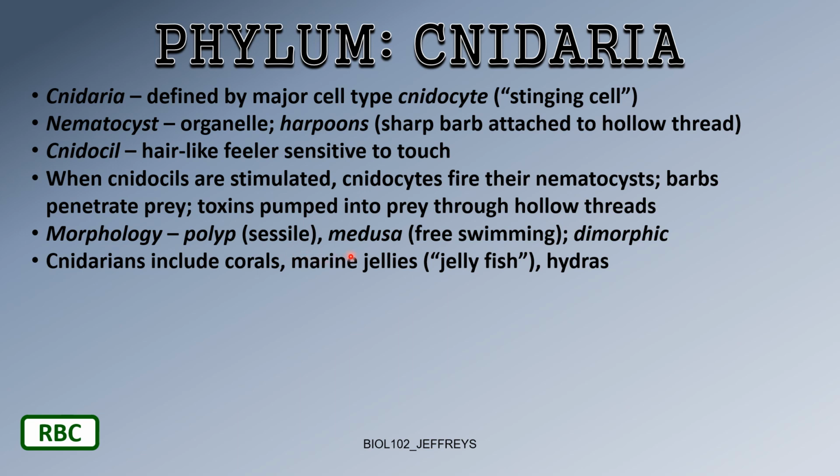Now, the medusa is the form of the cnidarian that's free swimming. And so what happens is when new cnidarians, and think about coral, this is interesting. When new corals are born, they're free swimming and they're able to swim around.